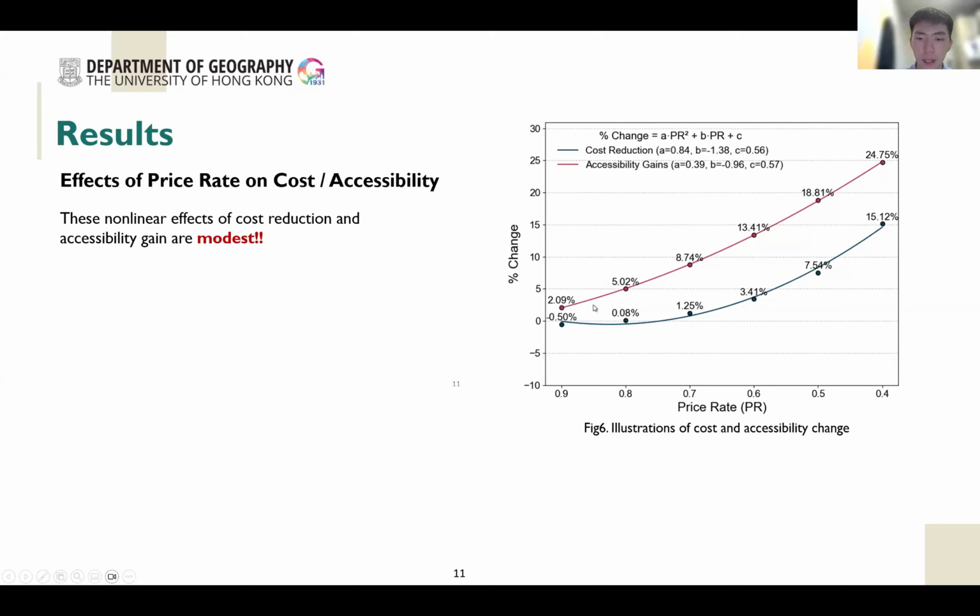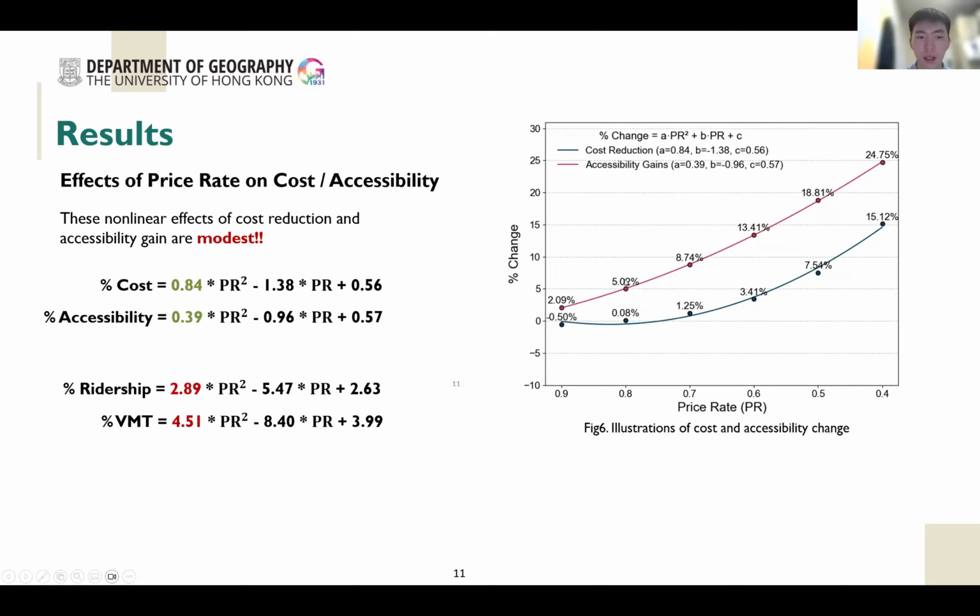But these effects are also nonlinear, and they are more modest than the effects on the ridership and the VMT. But it doesn't mean that the advantages offered by autonomous ride-hailing are outweighed by the disadvantages. It means that we need to carefully balance the advantages and disadvantages to regulate this market.